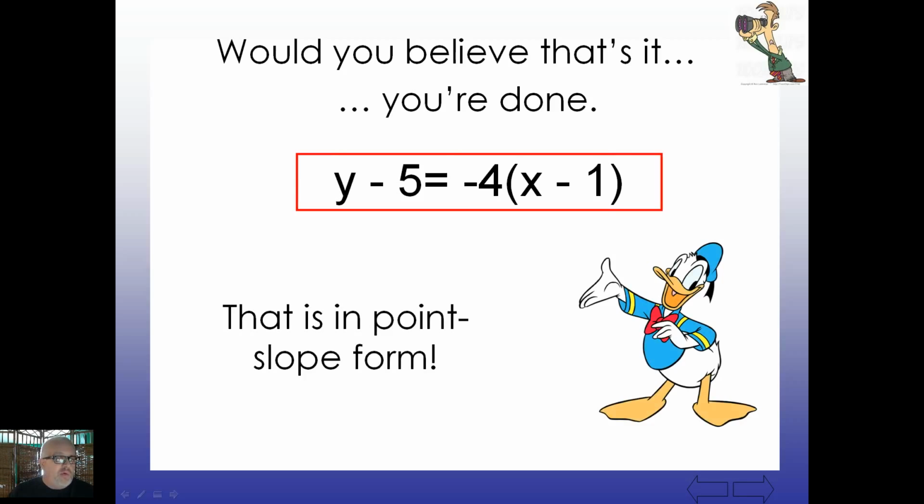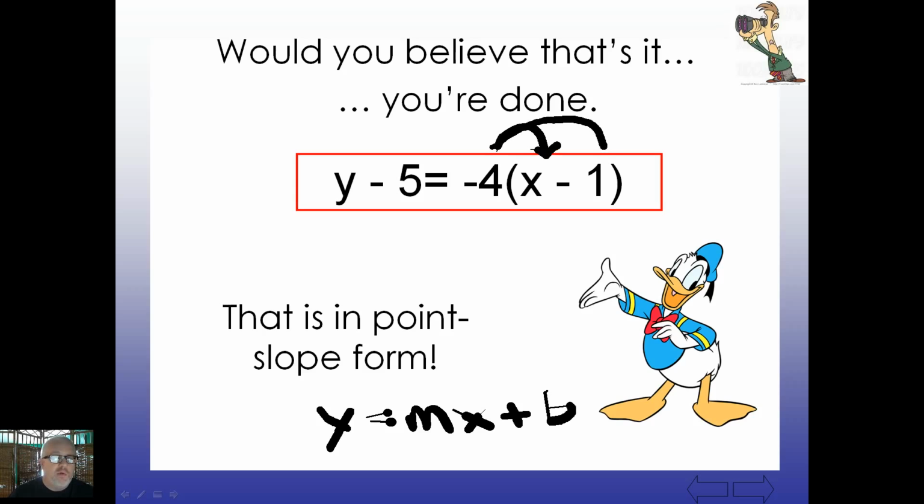Now, for those of you that might want to go just a little bit further here, this is what we'll be doing in a future lesson. We're actually going to solve this and place it back into y equals mx plus b form. And how would we do that? Well, we leave the left side alone here, but we can distribute the -4 to here and to here.